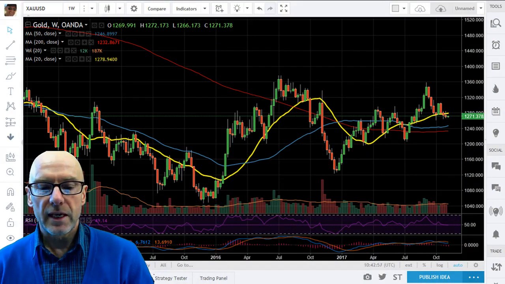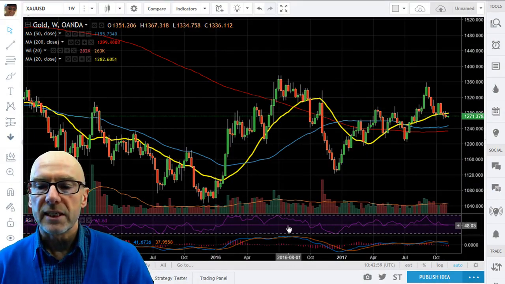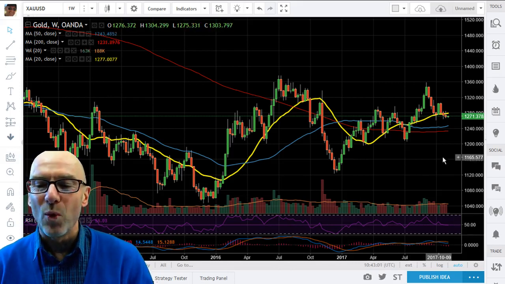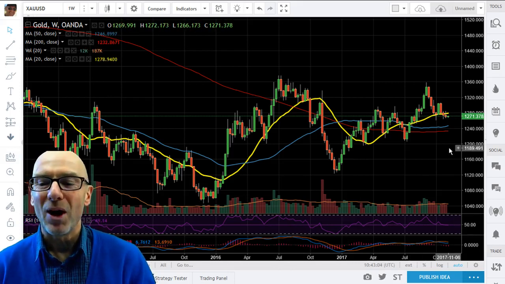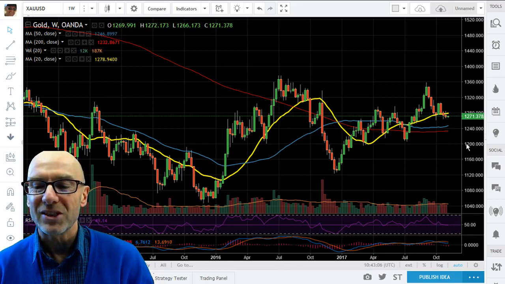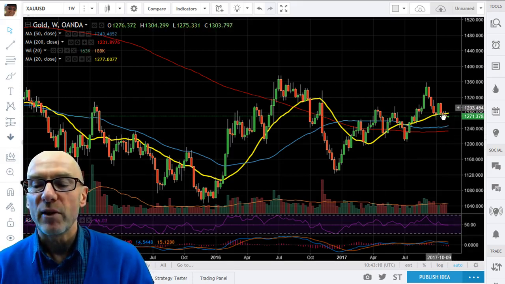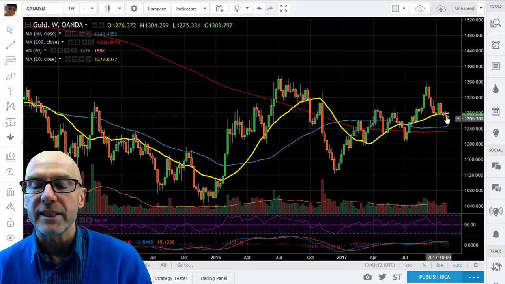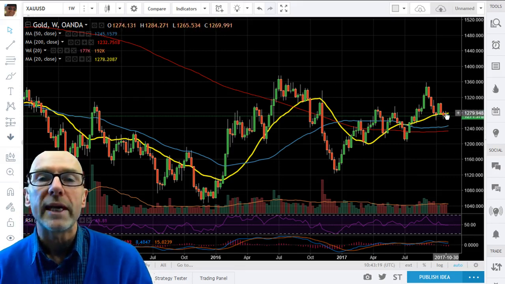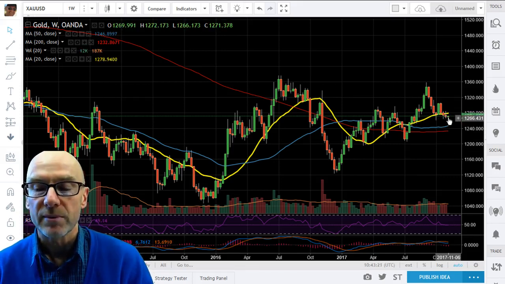And here we are looking at the weekly. So each bar represents 1 week's trade. And you can see that on this weekly we've pulled back below the rising 20-week moving average. Now that did give support for 4 weeks, and then we've fallen below it.